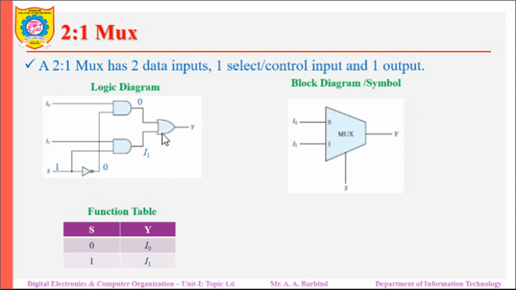This OR gate will OR 0 and I1, and that will be I1. So the output of this circuit is I1. This circuit works as a 2:1 multiplexer.